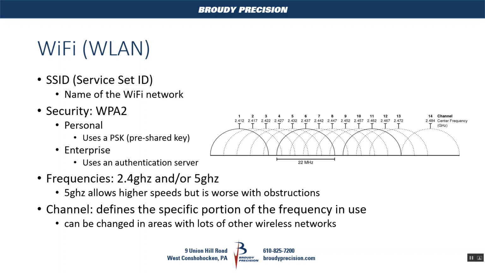Typically the access points will do this by themselves, and they'll find the band that's least congested. You can't really go anywhere today and not see a whole bunch of Wi-Fi devices or access points running when you open up your phone's Wi-Fi settings. So the access point will try to find the band that's least congested.